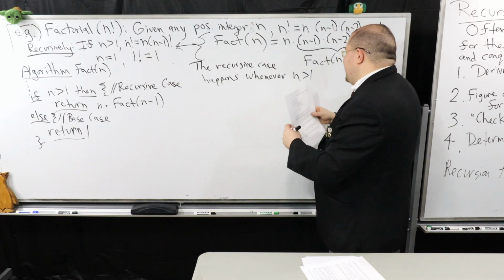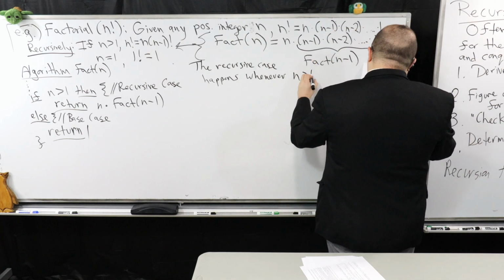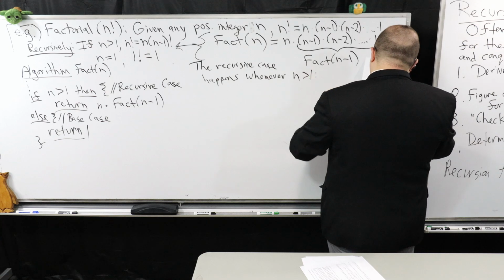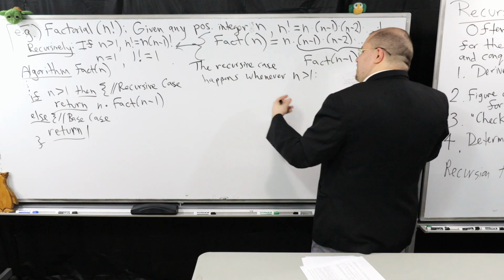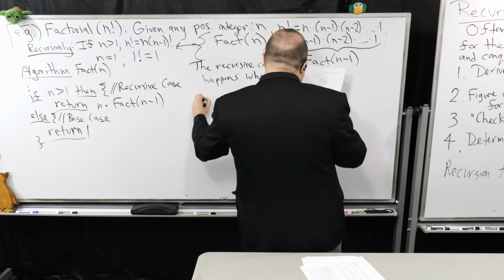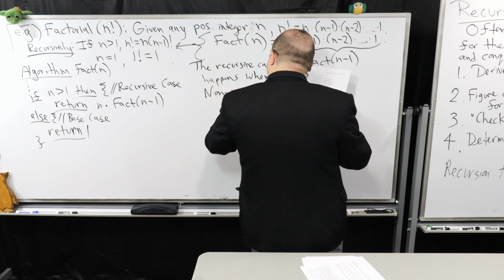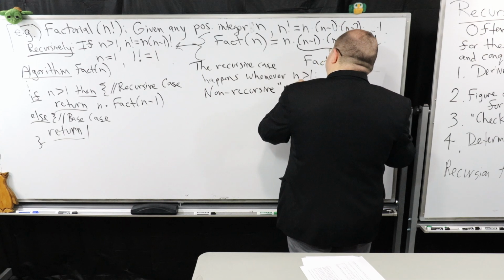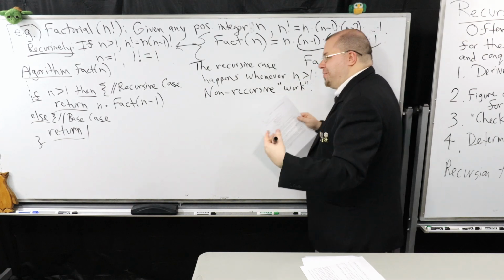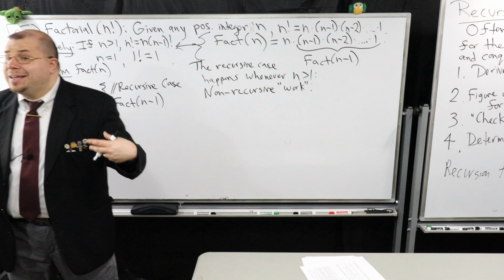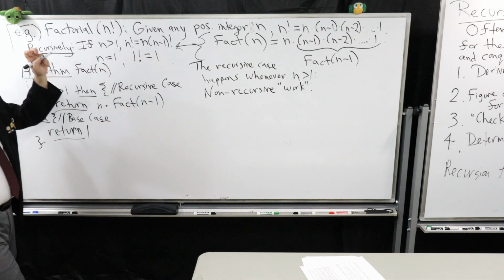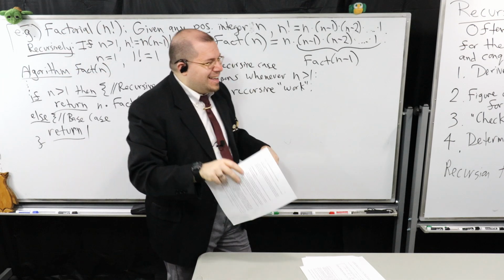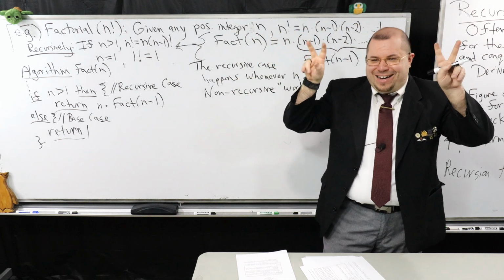Now, once I've noticed this, there is the non-recursive work that happens. I know non-recursive work isn't really an exact term, it's just me counting up all of the operations when I ignore the recursion. That's what I mean by non-recursive work.